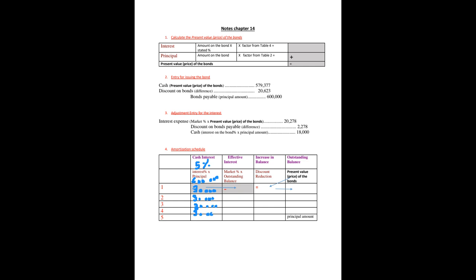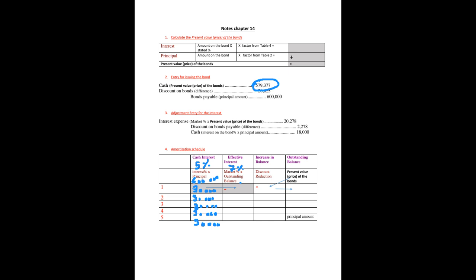Okay, going to the next column, which is the effective interest. The effective interest is the market interest times the outstanding balance. This one will change for every payment, because the outstanding balance for the first payment will be the present value of the bond. The market percentage in our example was 7%, and the calculated present value was 579,377.